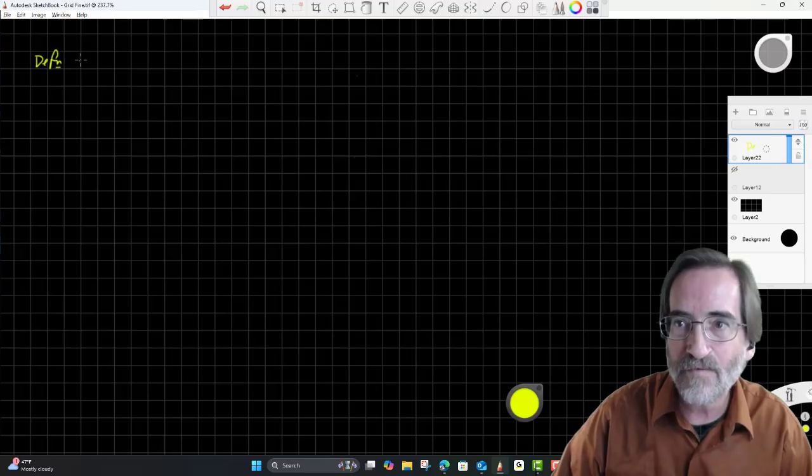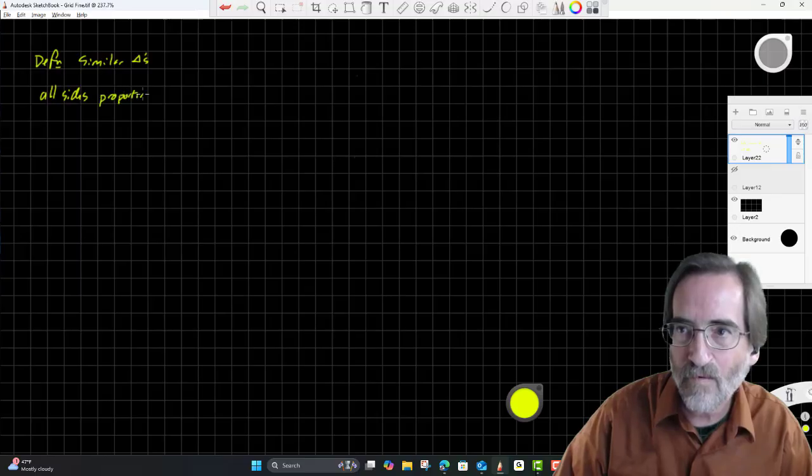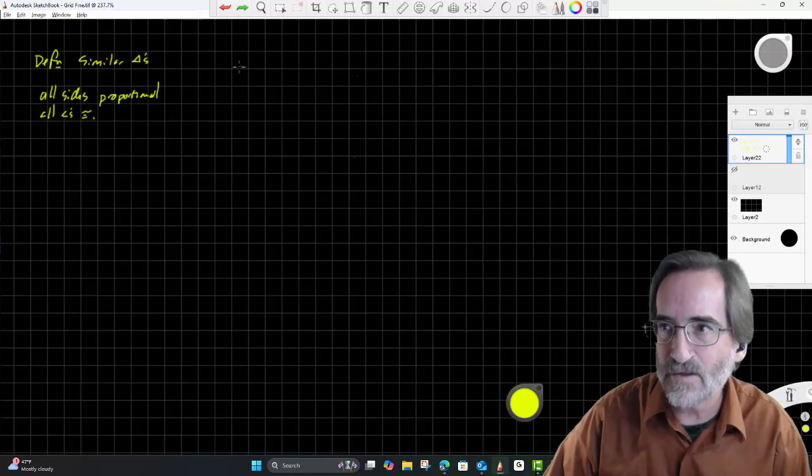The definition of similar triangles is all sides are proportional and all angles are congruent. Okay, let's specify what that means in this particular case.